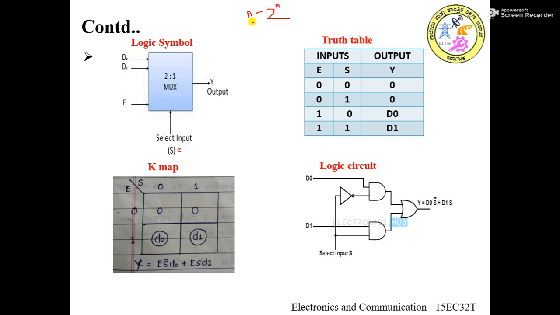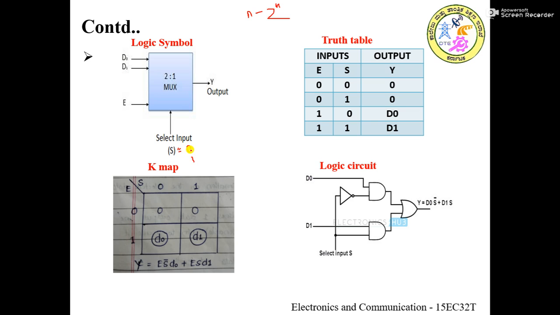For example, if n equal to 1, I get 2 to the power of n, which is 2. With n equal to 2, I get 4 different combinations, and with n equal to 3, I get 8 different combinations, and so on. With a single input, n equal to 1, I have two possibilities: 0 or 1.